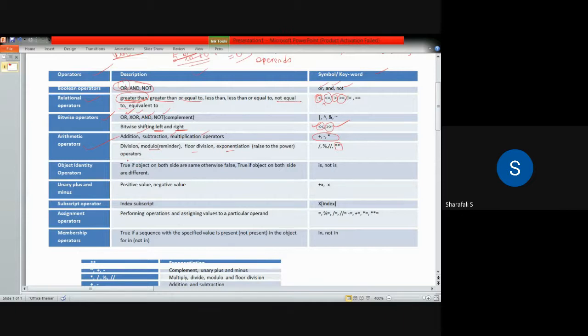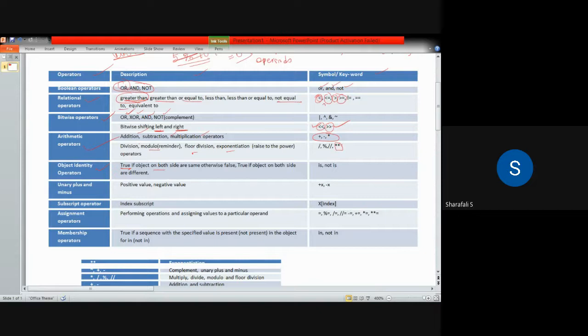And then we have the object identity operators. This will give you true if the objects on both sides are the same, or have the same value. Okay, if they have the same value or if they are the same, then only it will give you true.